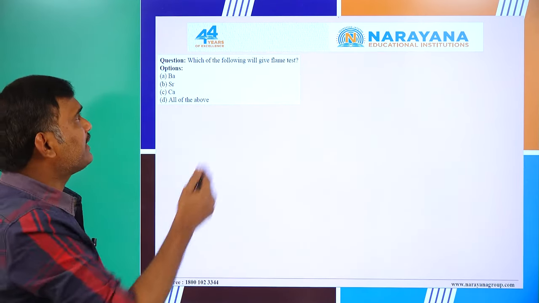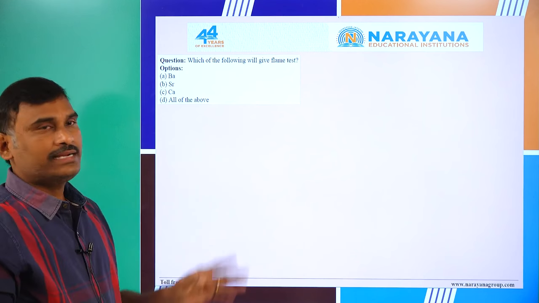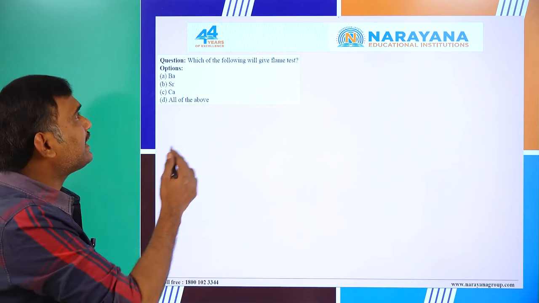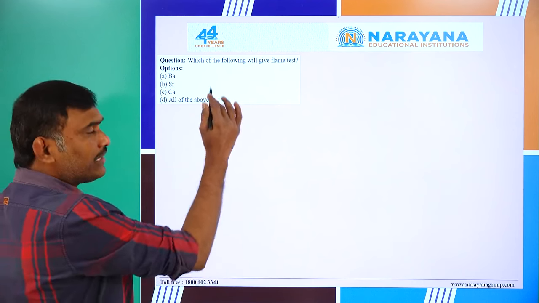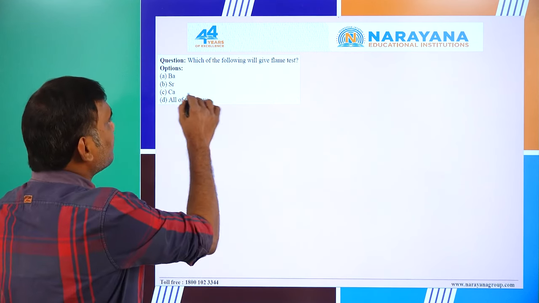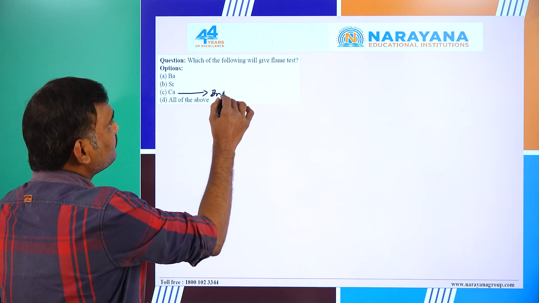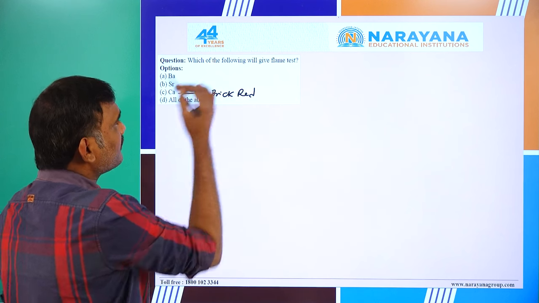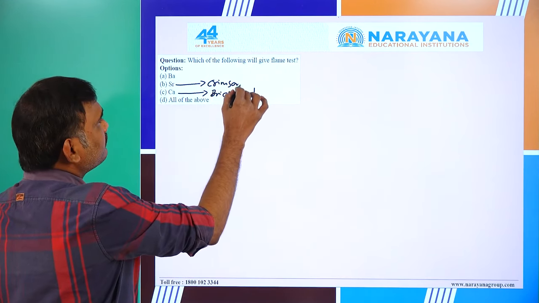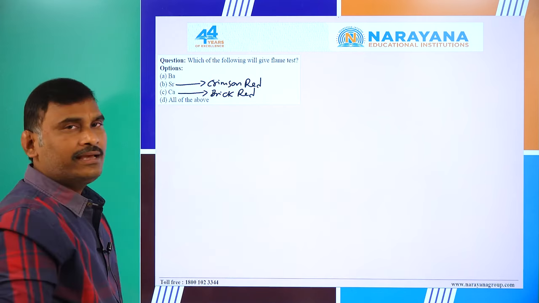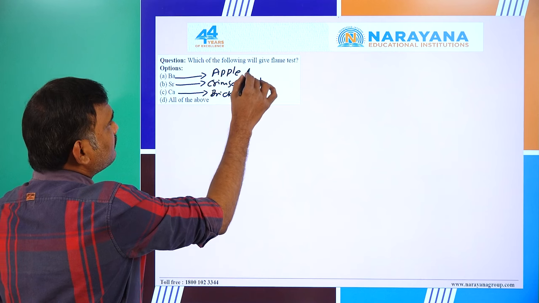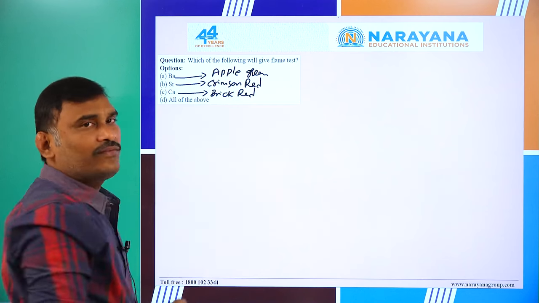Which of the following will give flame test? Yes, student, they are the second A group elements. From the top to bottom, except beryllium, calcium gives brick red color, strontium gives crimson red color, and barium will give apple green color in the flame test.